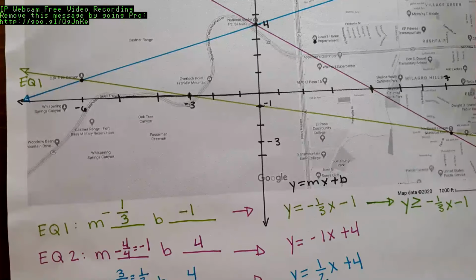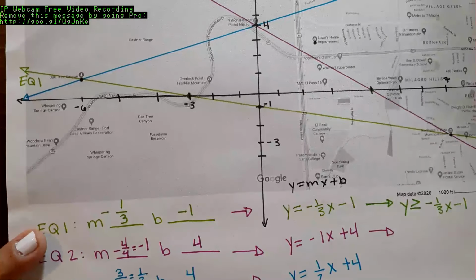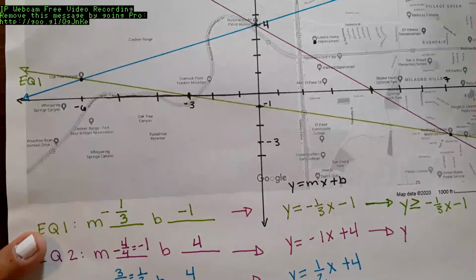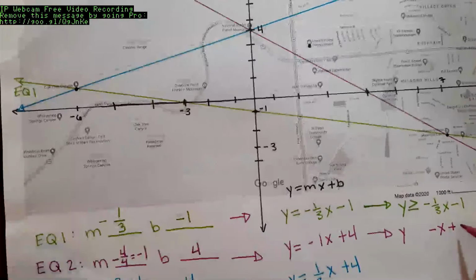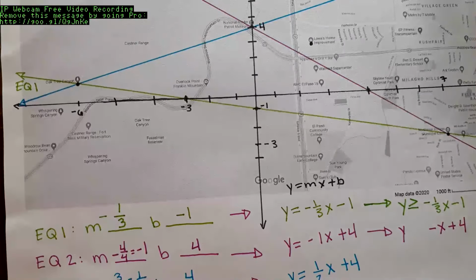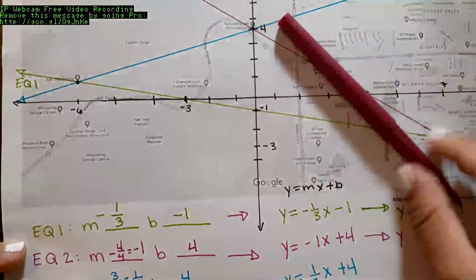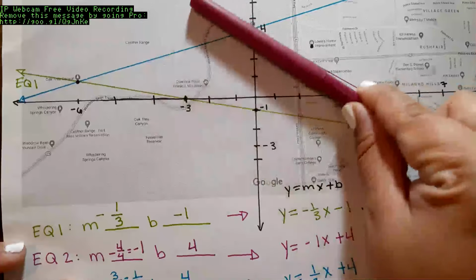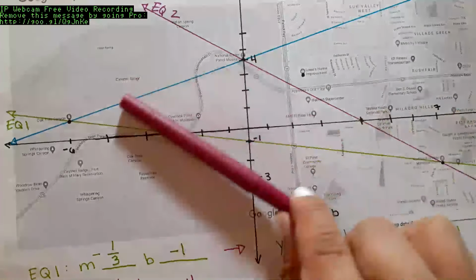Okay, so I'm going to do the same thing with my second equation. And I'm going to start with my y. And you know what? Let me go ahead and fill in the rest of it so that way I just have to worry about the inequality. Okay, so looking at my line 2, I want this part of my line 2 to be shaded in, right? Because I'm trying to get all of this part shaded.